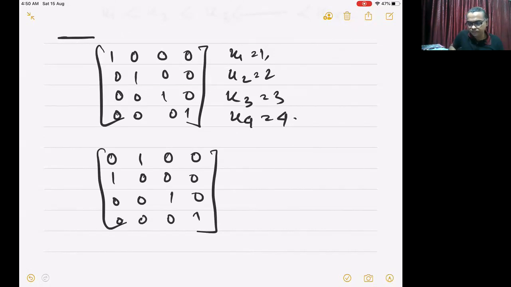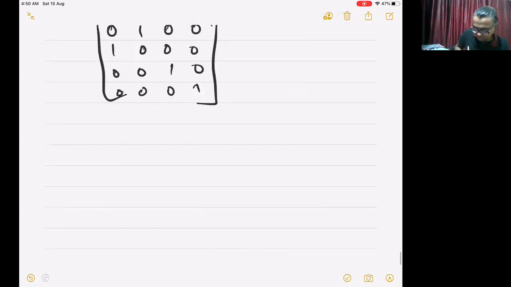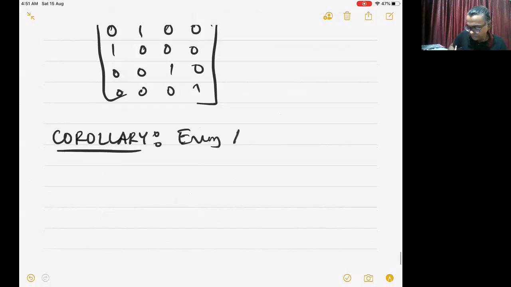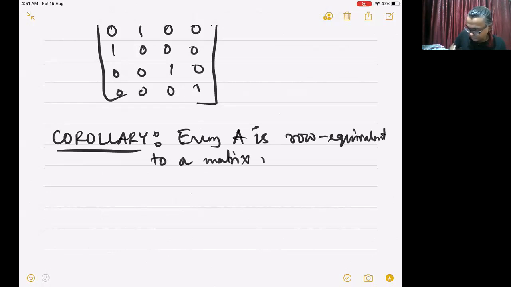I hope you understand. Now, just a corollary of the earlier result: every A is row equivalent to a matrix in RRE form.